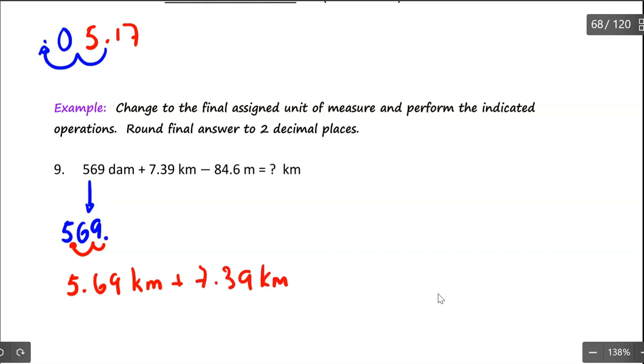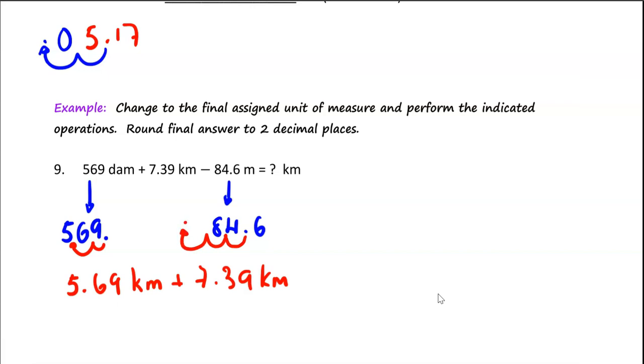This one I already have in kilometers, but for this number I am going to move it 3 spaces to the left. So 84.6, I am going to pick up the decimal point. I'm going to move 1, 2, 3. So I put the decimal there. I have the empty space here.